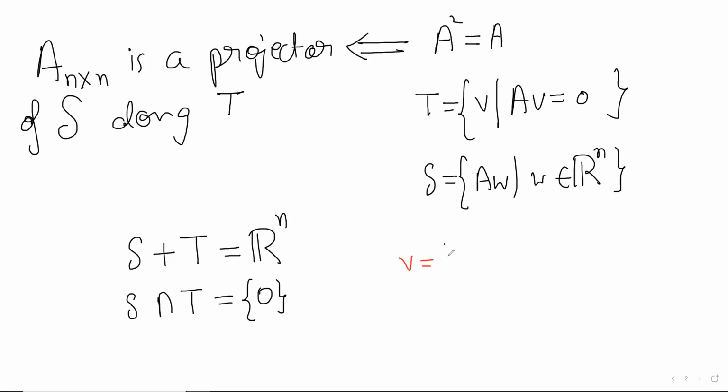Let's say V is in T, then you show that it cannot be in the image. Just do all the basic checks. So let's assume that V is in T and V is in S. Then AV equal to V because V is in S, but AV is also 0. This is some simple check which you have to do. You should just do it yourself.